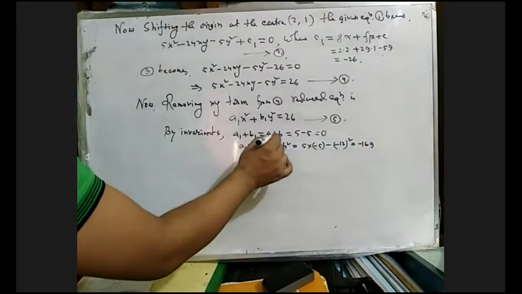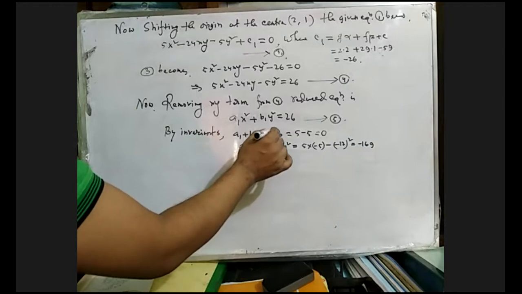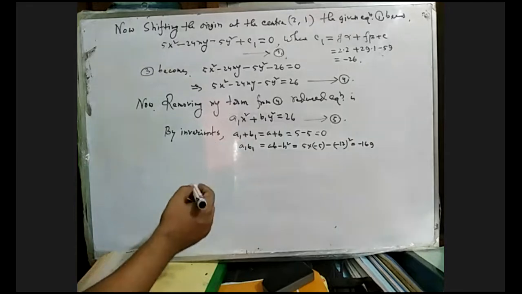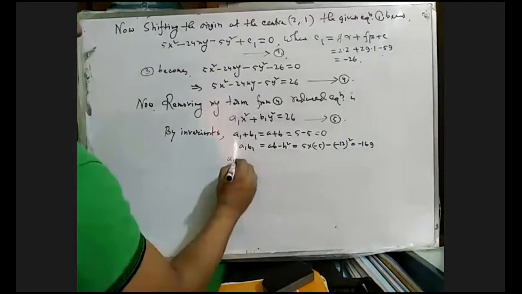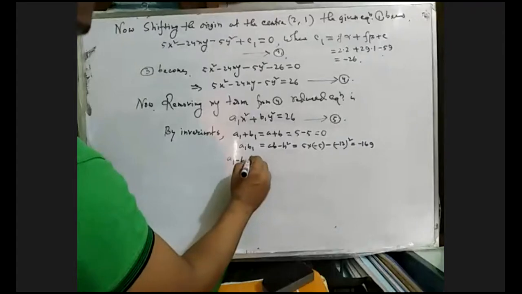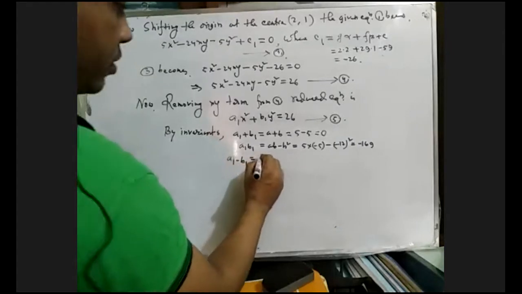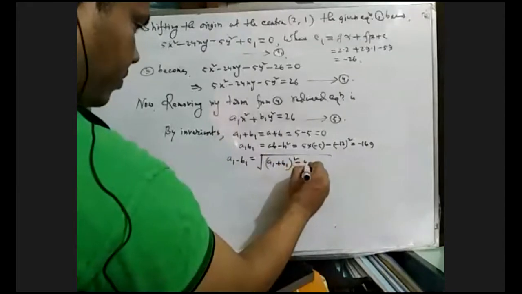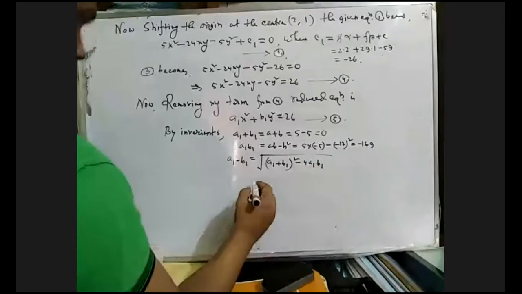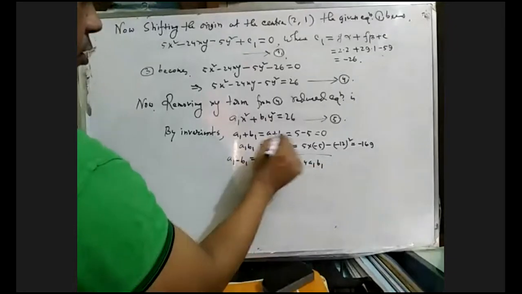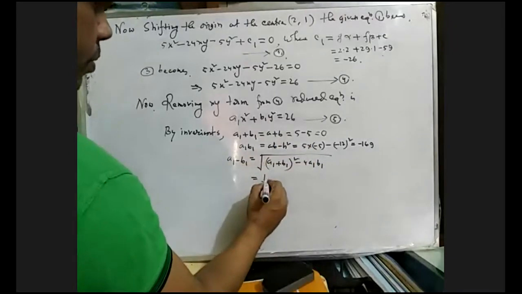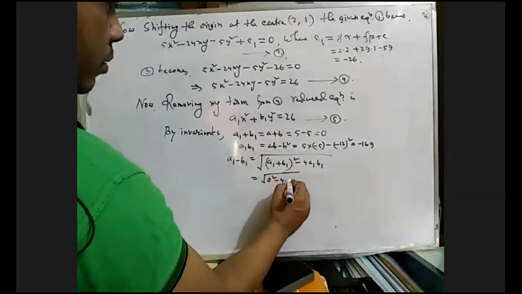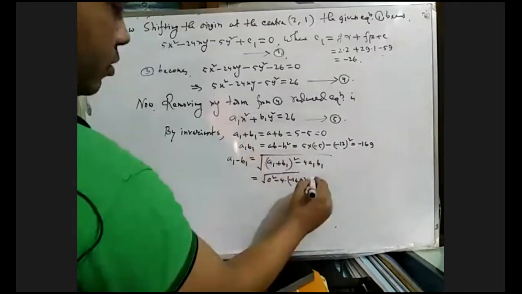Now we have a plus b equals to 0, but to find a1 minus b1, we can write a formula for this corollary. Root over a1 plus b1 whole square minus 4a1 b1. Just using this value, root over 0 whole square minus 4 into minus 169, a1 b1 values.